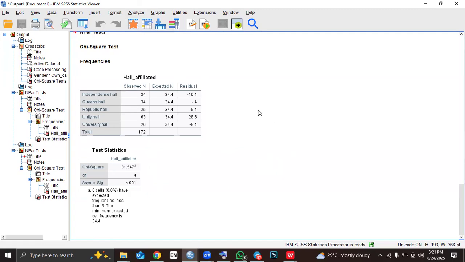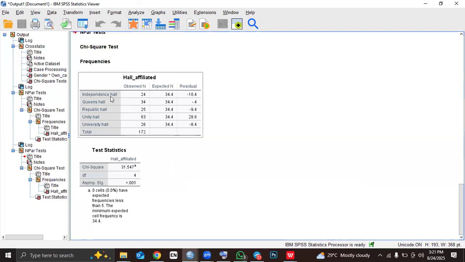Now, from this table, we can see that we have 5 different halls. So what was the distribution of students in each hall? That we can get in our observed values.